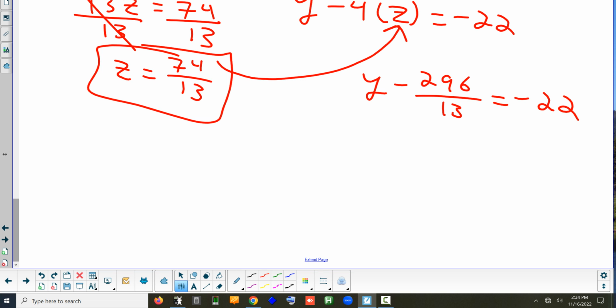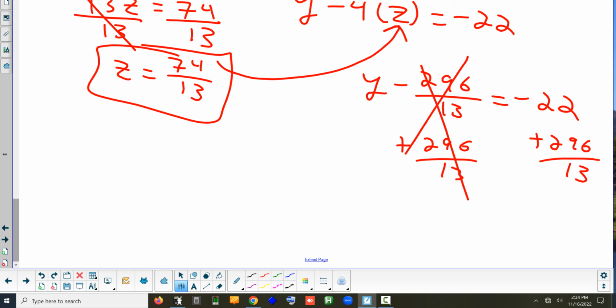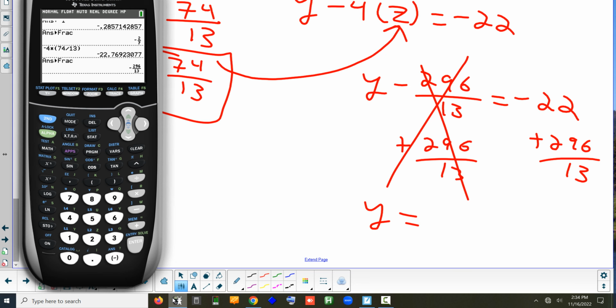And then how would you put that negative 296 over 13 on the other side? You'd add it. I don't know what it's going to be. I'm not going to do that by hand. I don't want to do common denominators right now. So just use your calculator and take negative 22 plus 296 over 13.